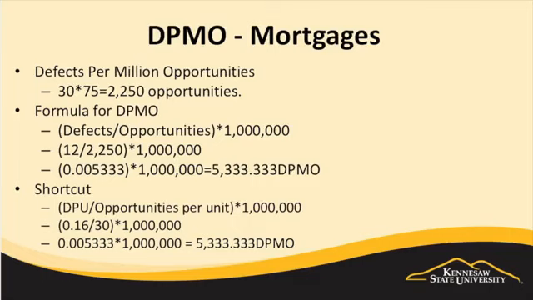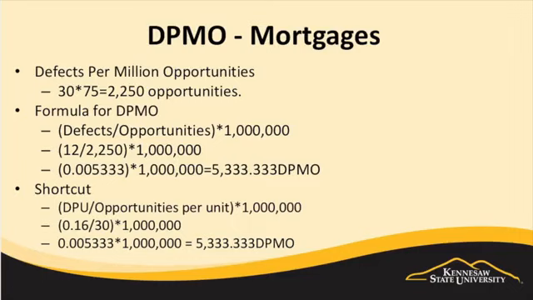Then we divided 12 by 2,250, and we get 0.00533. Multiplying this number by 1,000,000 gives us our defects per million opportunities of 5,333.